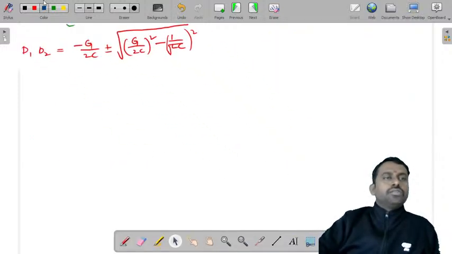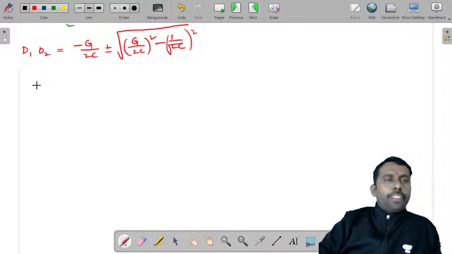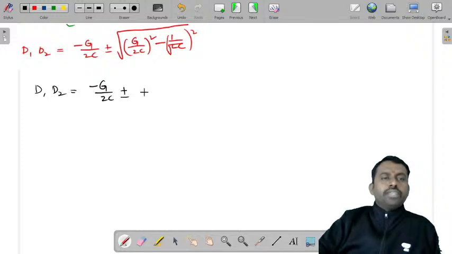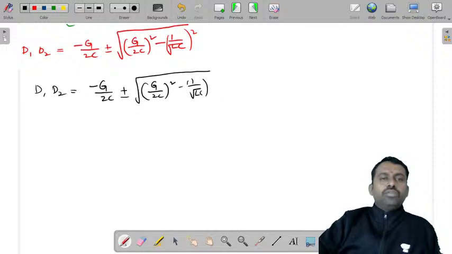So you have two roots here. D1 comma D2, you can write it as minus G by 2C plus or minus under root of G by 2C whole square minus 1 by root LC whole square.